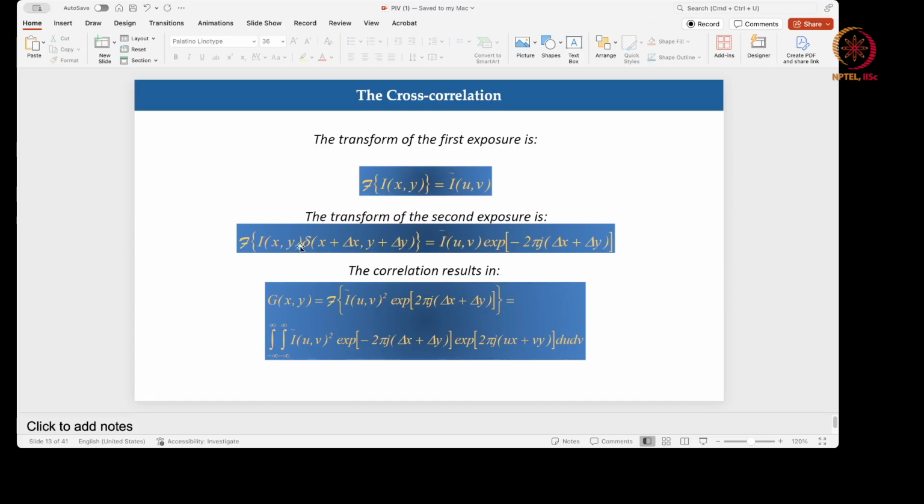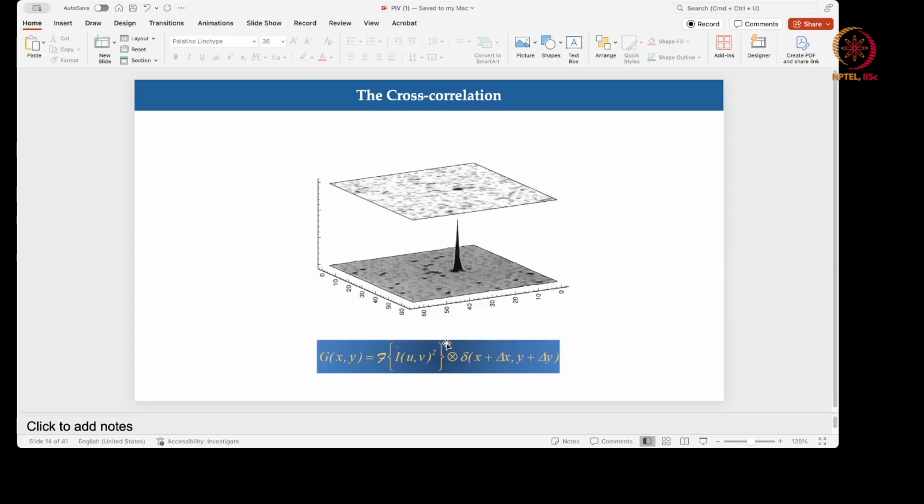If you look at it, this is the image, and then there is a delta function, and the correlation result is G, as you can see over here, and ultimately you get a correlation peak. Remember the Wiener theorem that we have covered in some detail. This is how it happens in Fourier space.